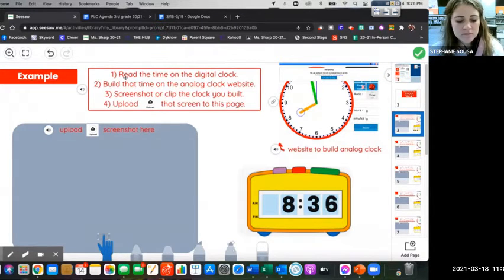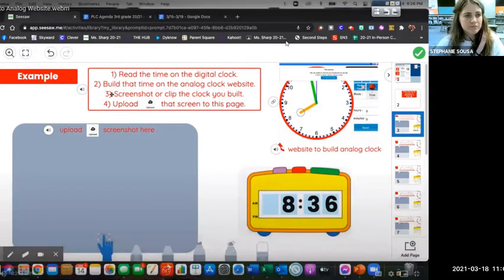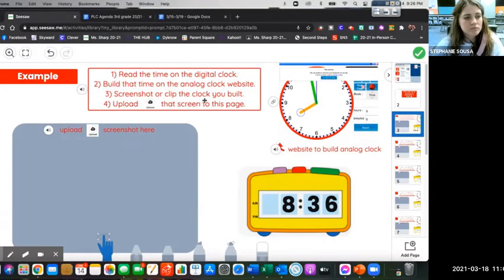Your directions are right here. There are 4 steps. We're going to read the time on the digital clock. That is 8:36. Now I'm going to build that time on the analog clock website and then screenshot or clip the clock you built. If you do not know how to do that, please go back to the previous slide to see how to do that.